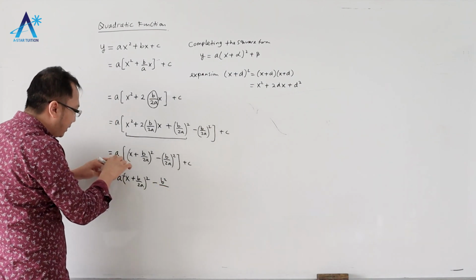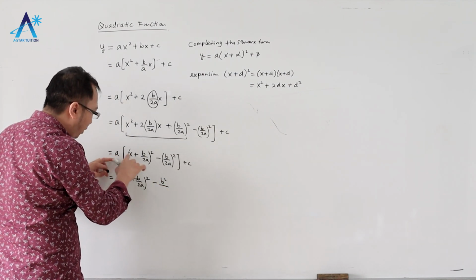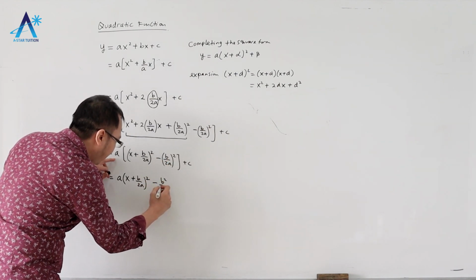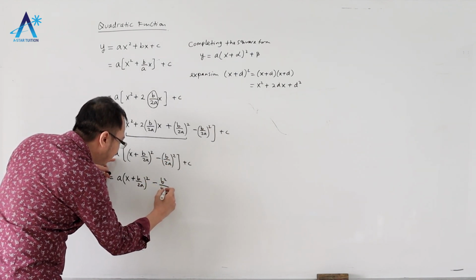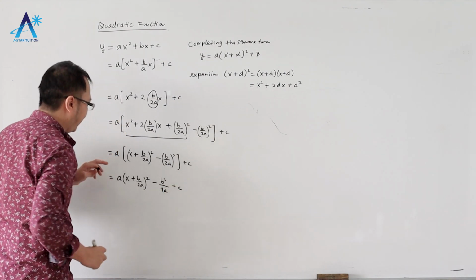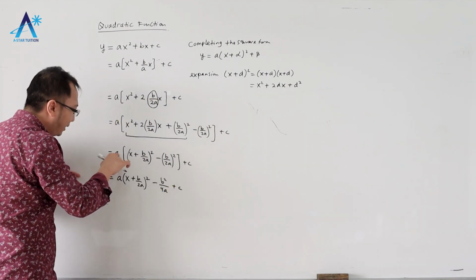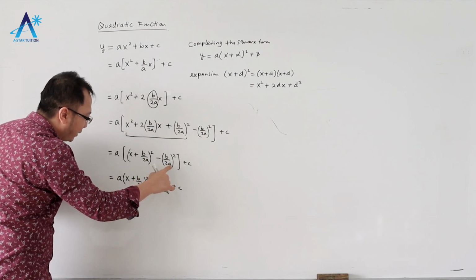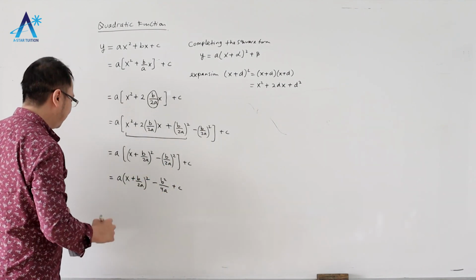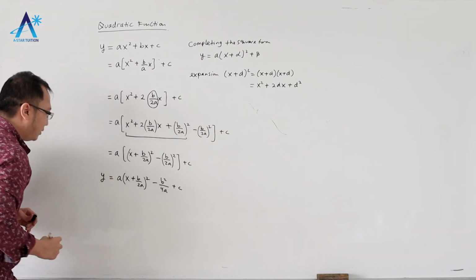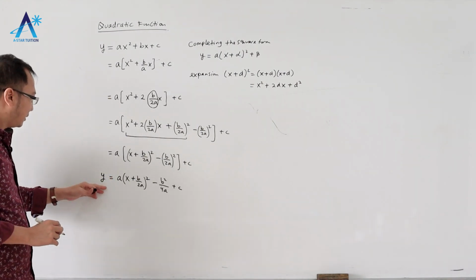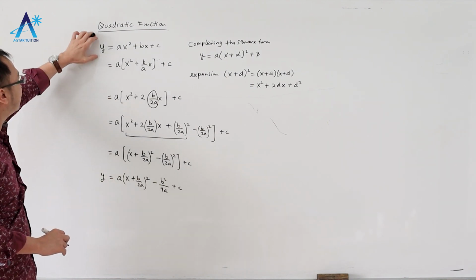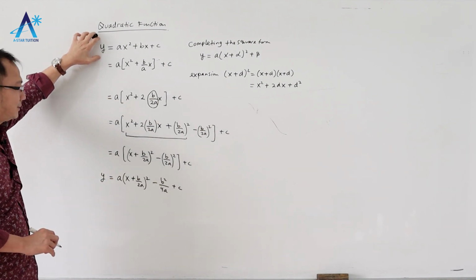So the a here over a squared could be written as a on the denominator here. Okay, this is a over a squared, so that we have a on the denominator. So now this is the completing the square form from the general quadratic function.